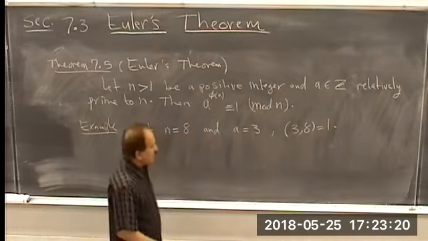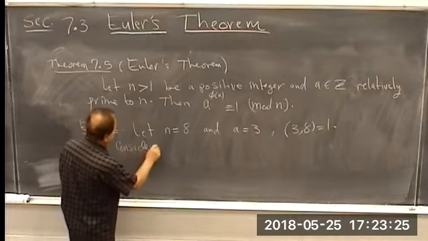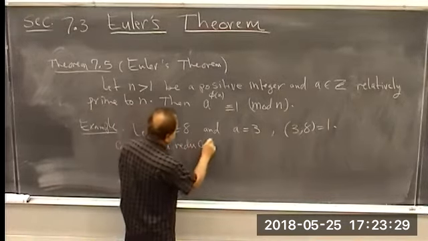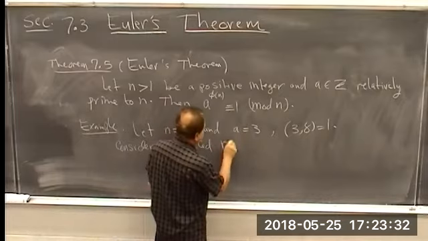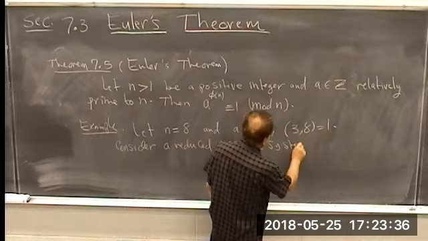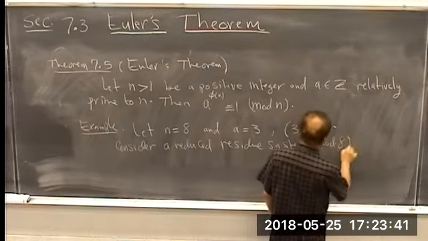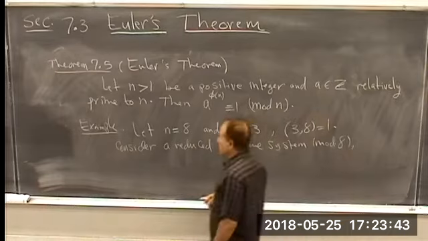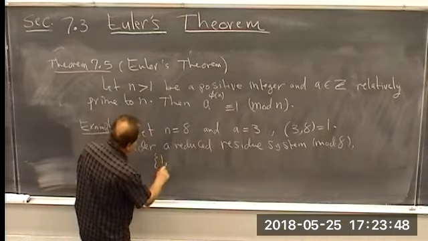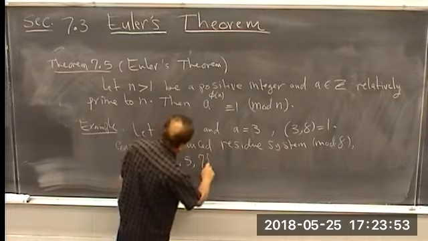Now we're going to start by considering a reduced residue system mod 8. Could be any one, but I'm going to actually take this, which is 1, 3, 5, and 7.